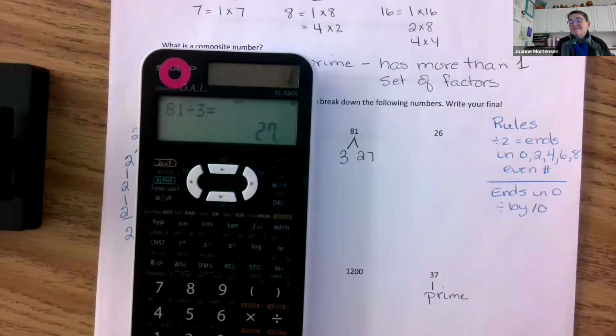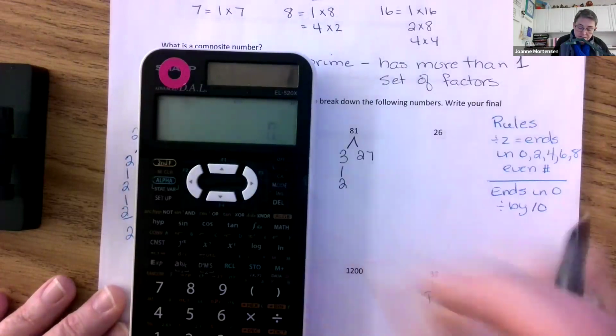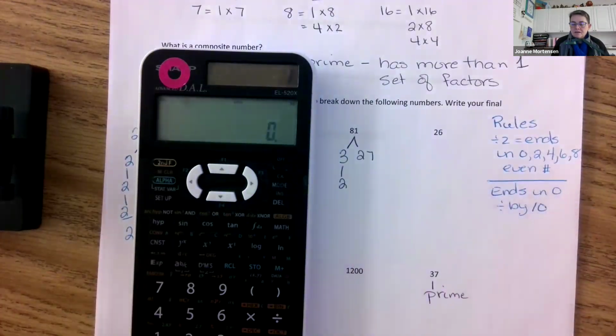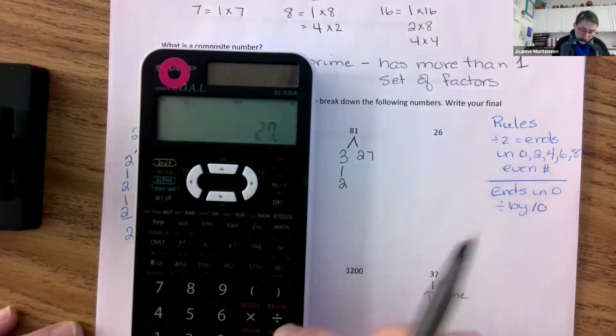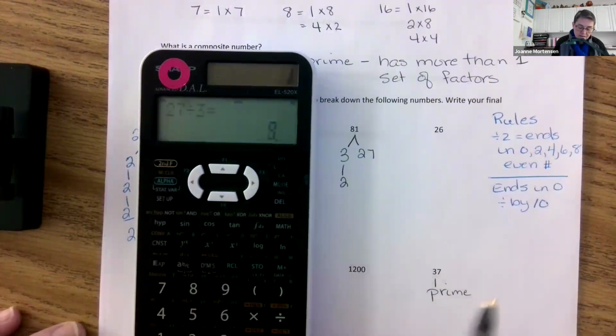And 90% of the time, once you just divide a prime number out, the numbers get small enough so that you don't have to worry about it anymore. But let's just say I'm having a bad day. I have no idea what multiplied together gives me 27, or if there is anything at all. So 27 divided by 2. Nope. 27 divided by 3. Oh, there we go.